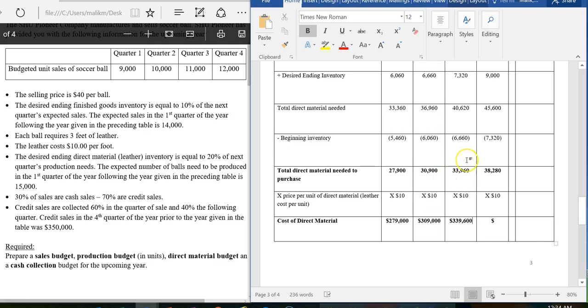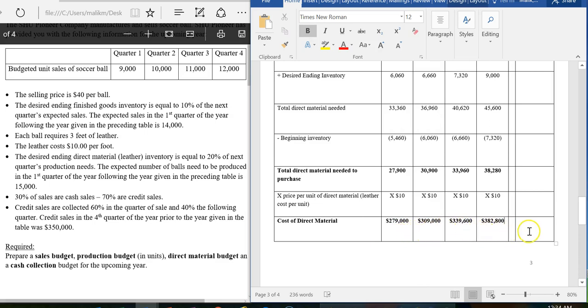If you check, multiply 33,960 times 10, it will be 339,600. And for the last quarter, it's $382,800. So this is how you can check every quarter's cost of direct material.